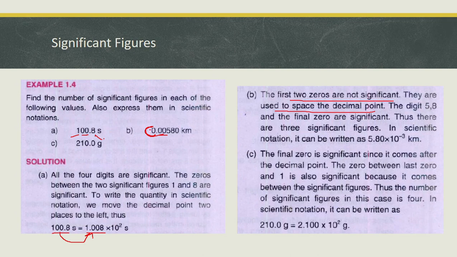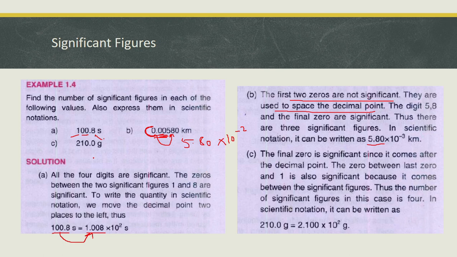If we write in scientific notation, when we move this point after 5, it will be 5.80 times 10 raised to power minus 2. We already studied in the previous lectures how we can convert a number into scientific notation. As a 3 digit number is multiplied with this power of 10, it has 3 significant figures.